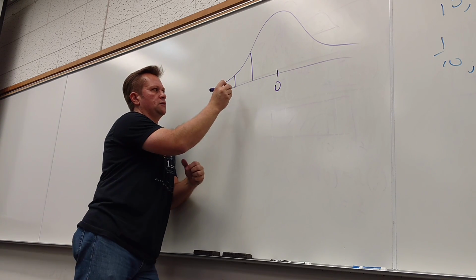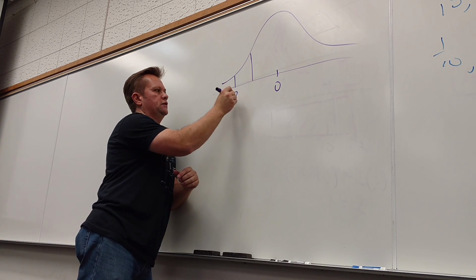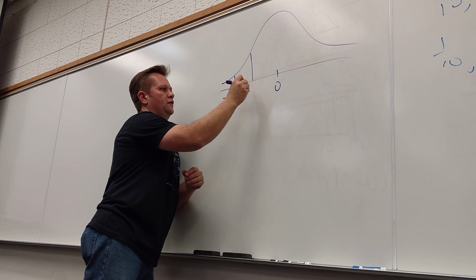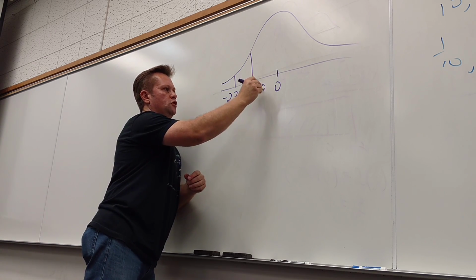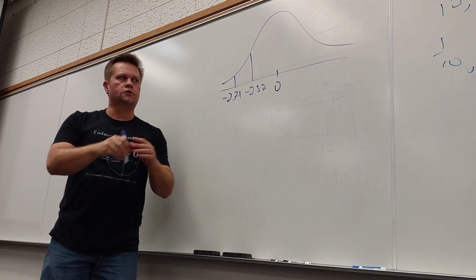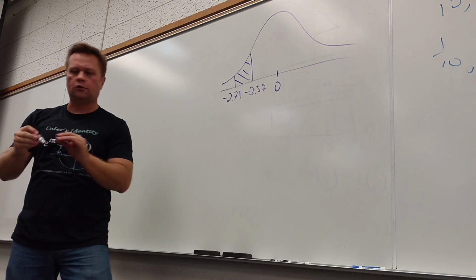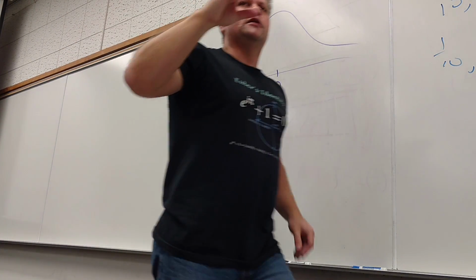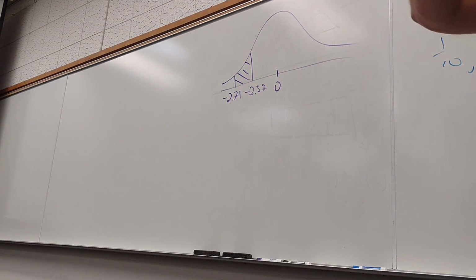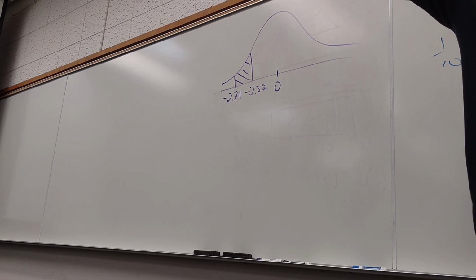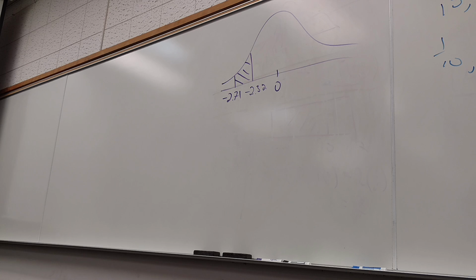Just to give these some numbers, maybe this is negative 2.71, and negative 2.32. So just try to figure out the area in between those two. What the Z-score chart does is whatever Z-score you look up, it tells you the total area below it. Theoretically, that tail goes forever. Right?